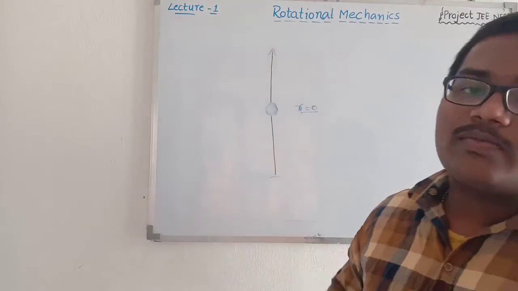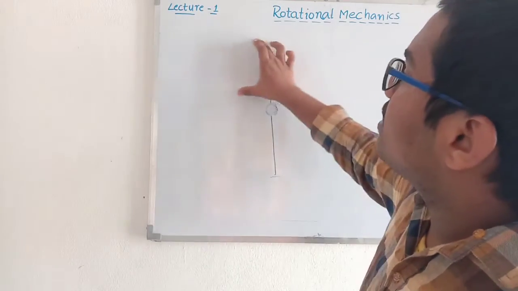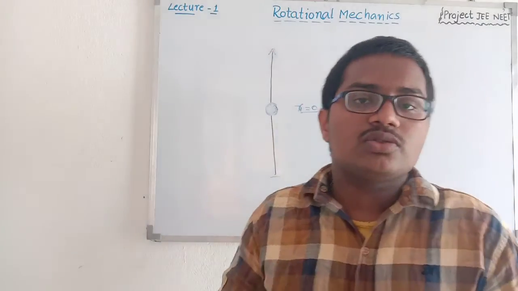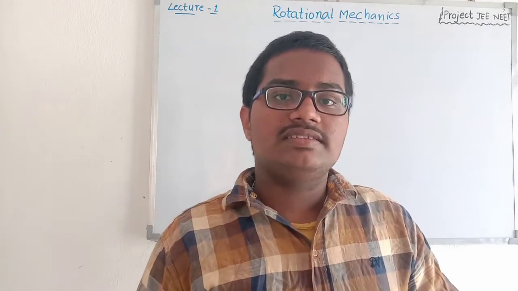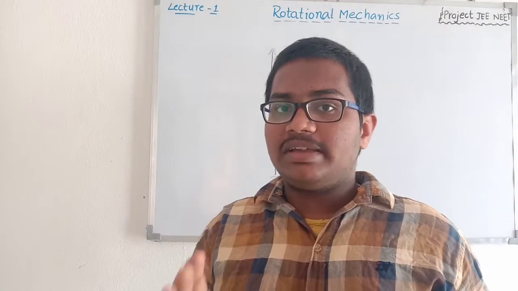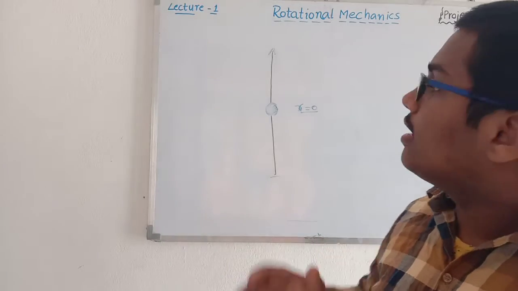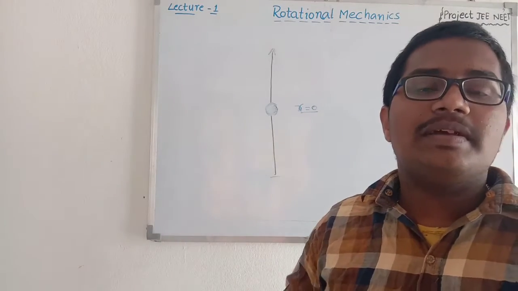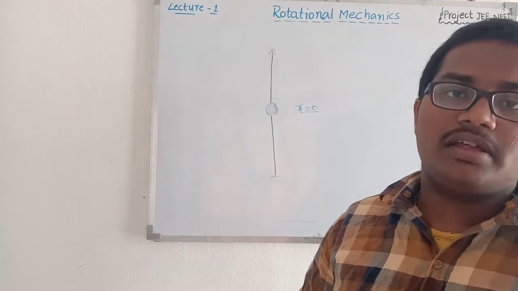So the next, the major property of the dependence of moment of inertia. In the discussion of moment of inertia, we have discussed that this moment of inertia is for rigid bodies. So the moment of inertia depends on the mass of the body, and the next one, moment of inertia depends on the distribution of mass of the rigid body.